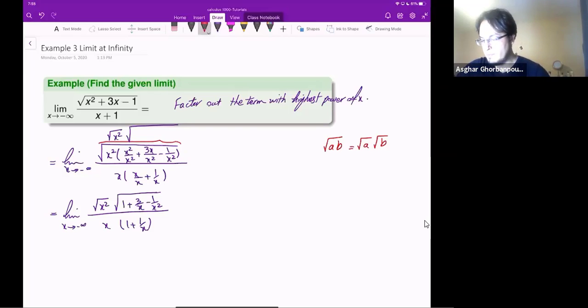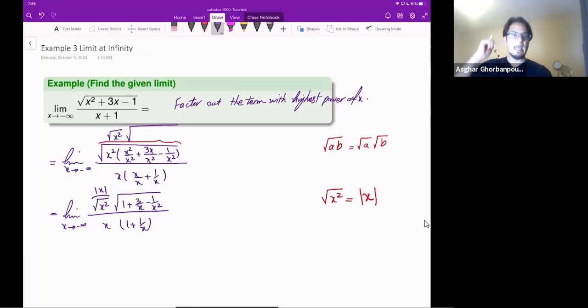Here is the important fact: the root of x squared is not x. It is the absolute value of x.